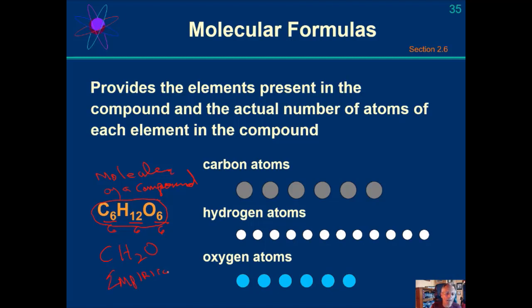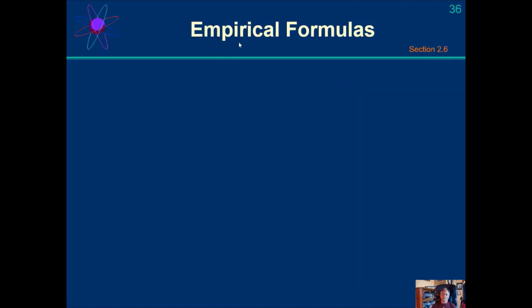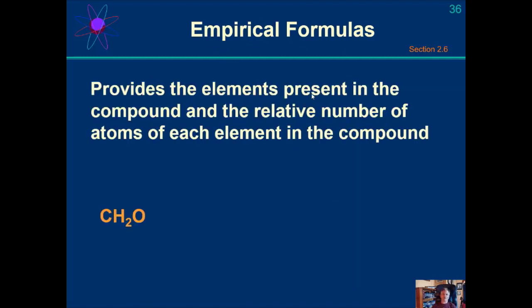Now that's a lot less information, but it's easier to obtain from an experiment. Empirical formulas just provide the elements that are in the compound and their simplest ratio.